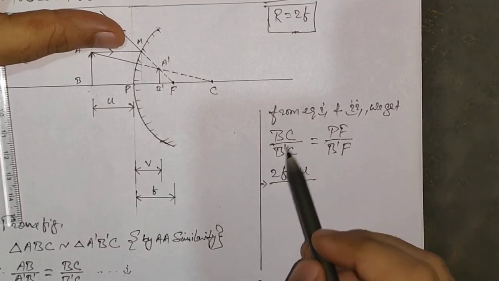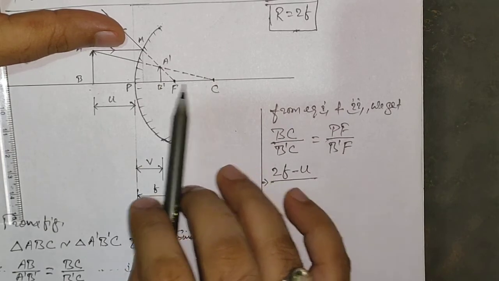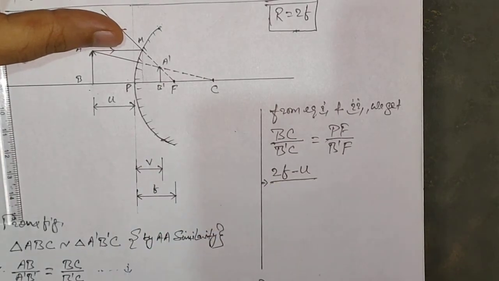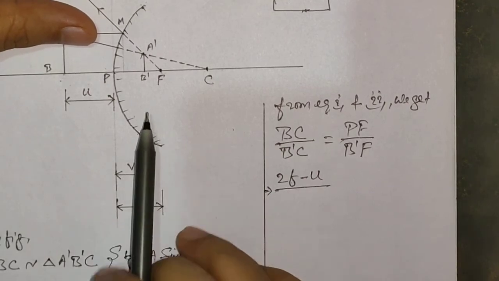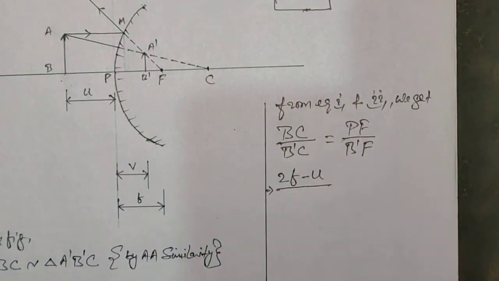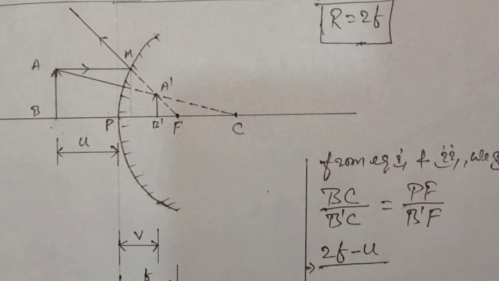Now let us write about B dash C. You can see this B dash C from the diagram. Let me zoom in so that you can see easily. All of you see the picture.